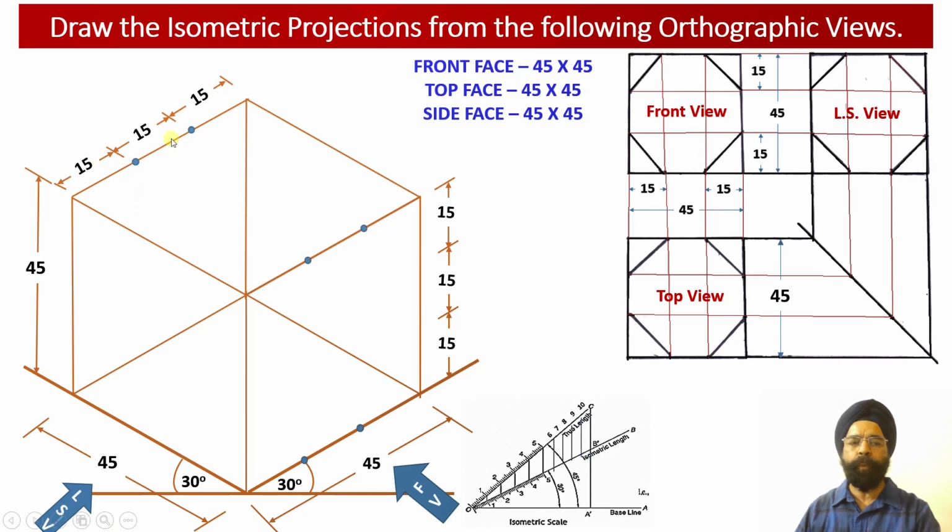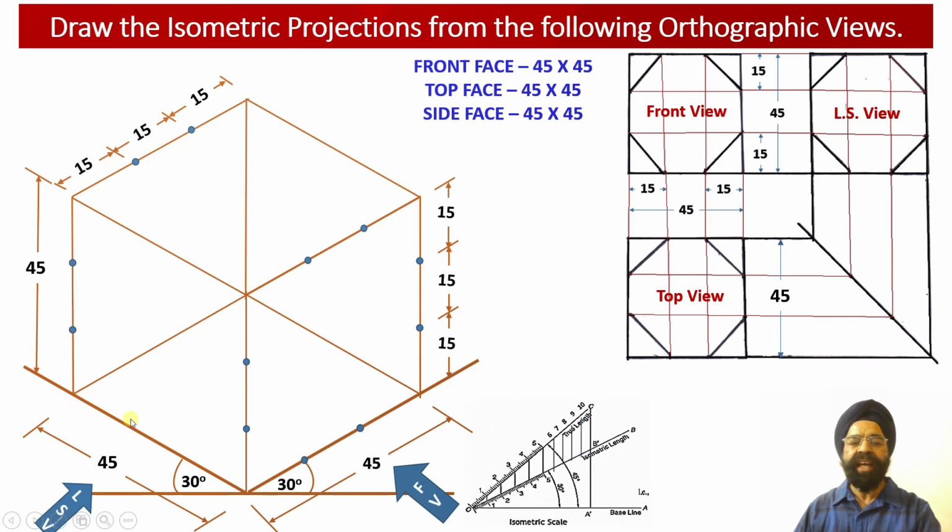Now we can mark the points alongside the z-axis onto this isometric edge, this isometric edge and this isometric edge. Similarly, corresponding to the y-axis, again we have been able to mark 2 points over here so that we are able to divide this height of 45 millimeter into 3 sections, which are going to measure 15 millimeter each.